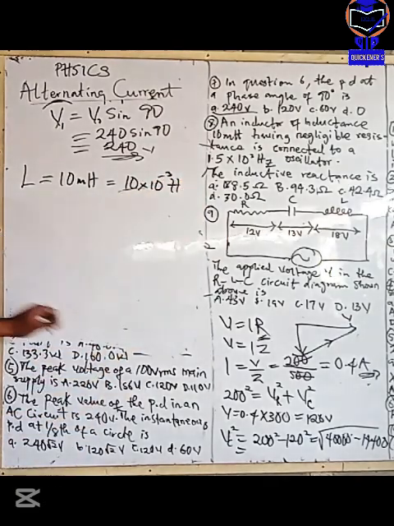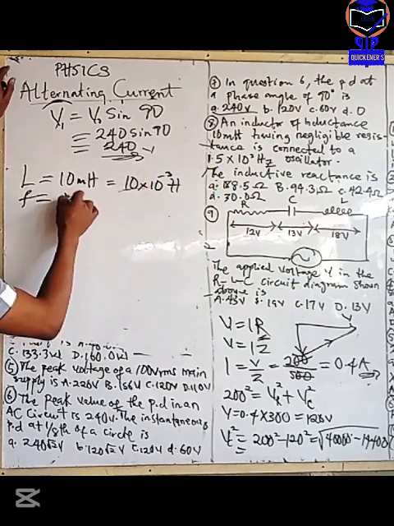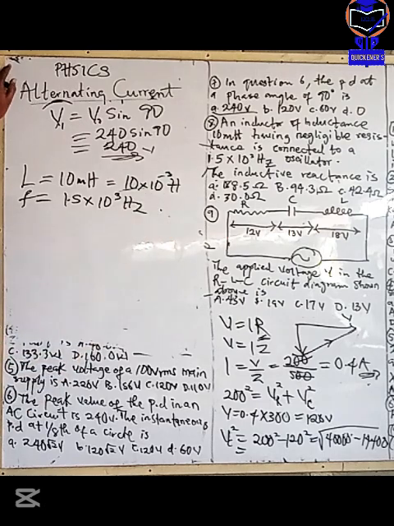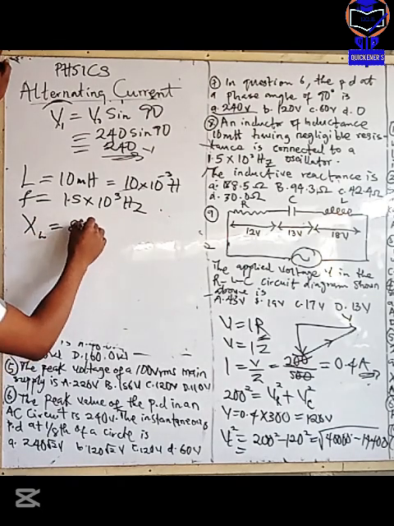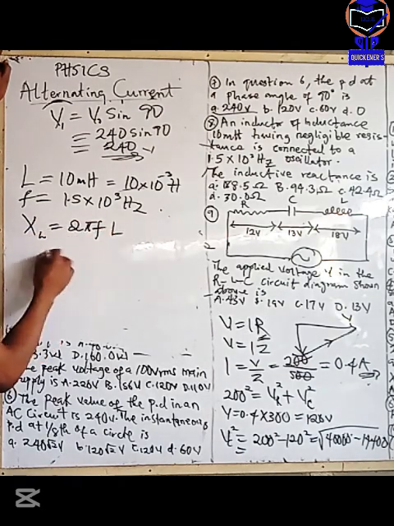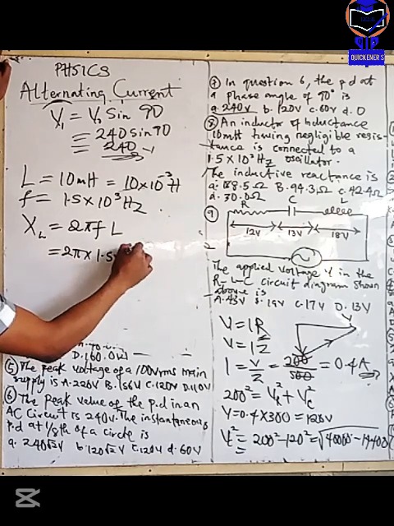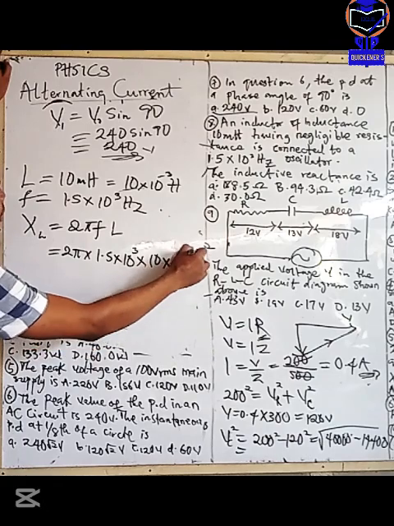Now the frequency is this one here: 1.5 times 10 to the power 3 hertz. So what are we looking for? The reactance. So inductive reactance is given as 2 pi F L. So 2 pi times F, 1.5 times 10 to the power 3, times L, 10 times 10 to the power minus 3.